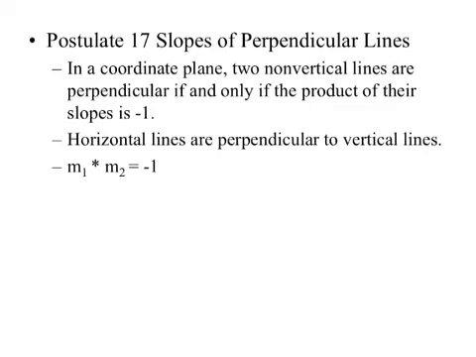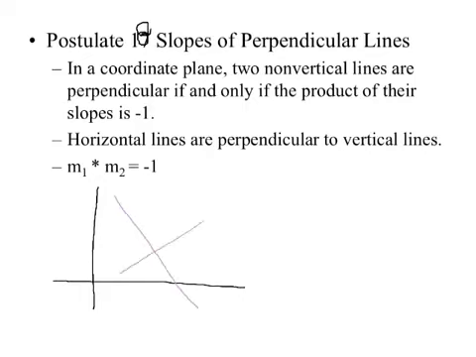Postulate 18, there would be another typo. Let me fix that for you. This is postulate 18, slopes of perpendicular lines. In a coordinate plane, 2 non-vertical lines are perpendicular if and only if the product of their slopes is negative 1. So I have 2 lines, which will be written as perpendicular.